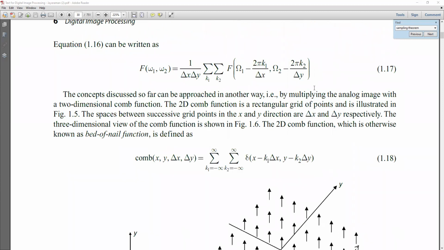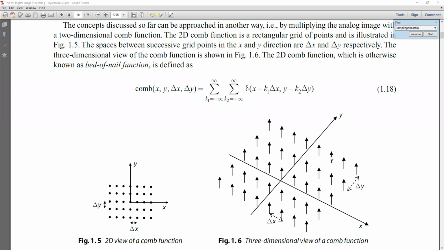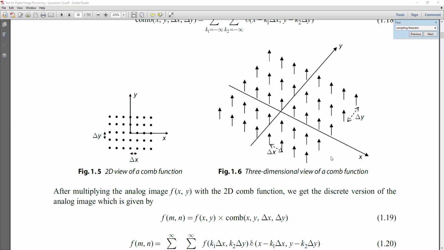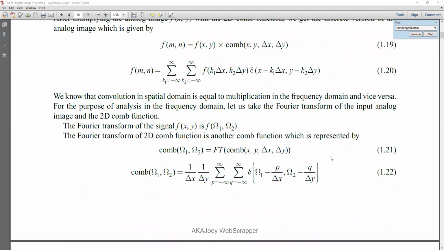Sorry, omega 1 minus 2 pi k1 by delta x, omega 2 minus 2 pi k2 by delta y. So in the method that we saw, this factor is replaced by p and this one is replaced by q. So for 2D sampling theorem, you should be able to explain this.